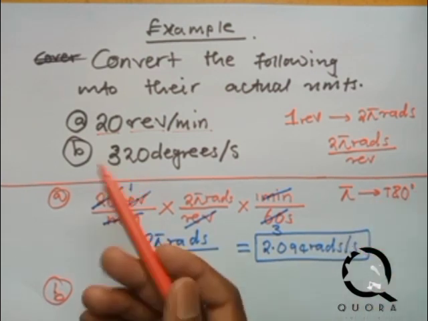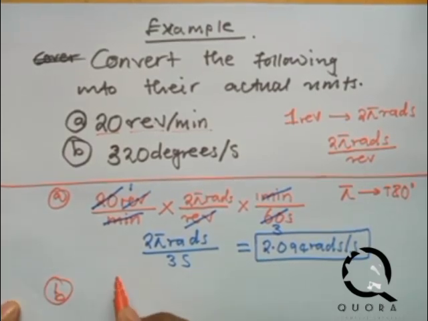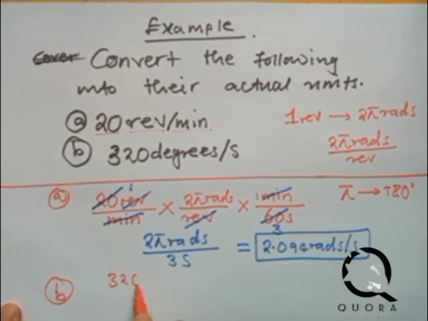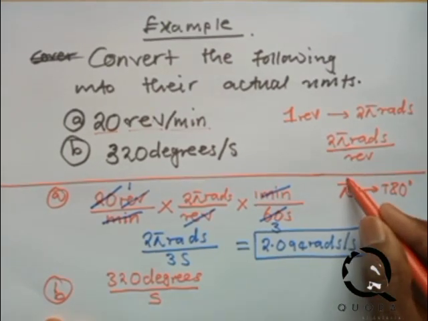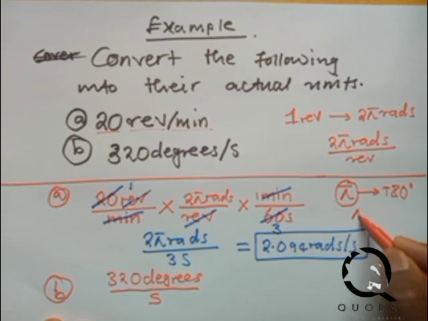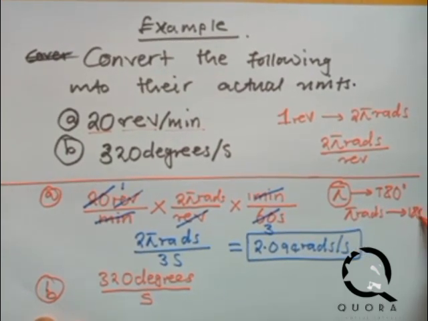How can you get rid of the degrees that are found here? So I'll say 320 degrees, I'll put them on top. That is per second. By the way, this is in radians. So we have to write pi rads will be equal to 180 degrees.